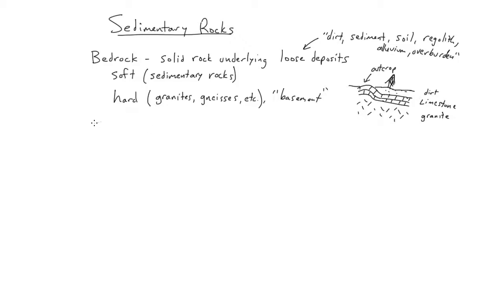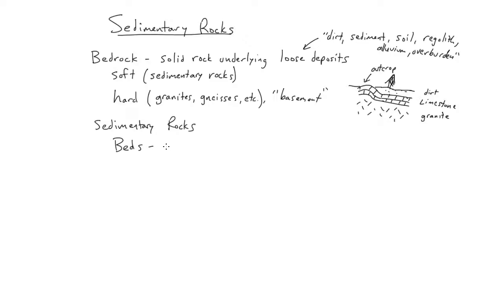But turning back to sedimentary rocks, the soft rocks, there are some basic characteristics that we need to be familiar with, really, to understand what happens to them, to read the signs, the clues that they leave behind.